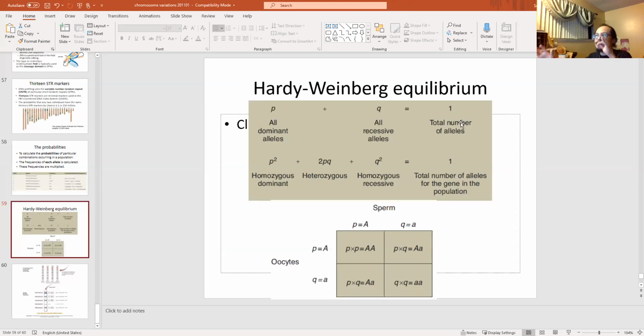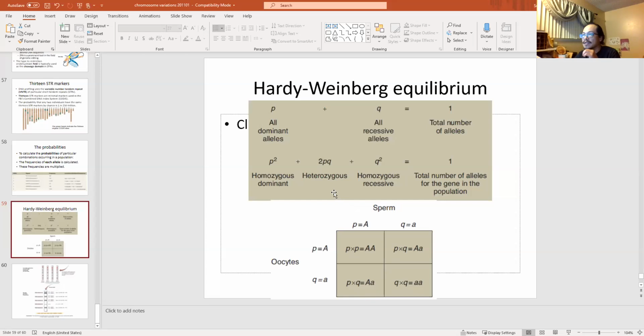The chance is 100% if these two apply. P is this portion, Q is the other portion. With simple math, we know that with this equal to 1, this equation will also hold true: P squared plus 2PQ plus Q squared equals 1. And that also holds true.